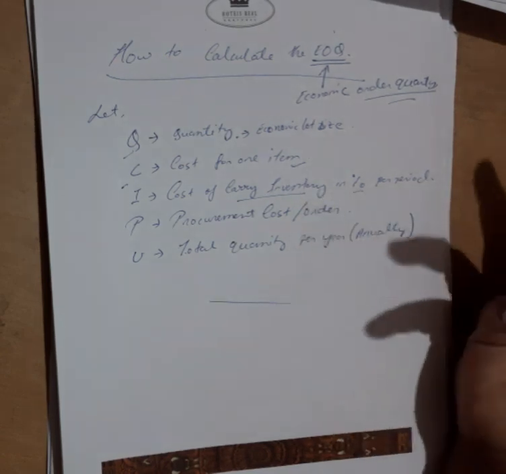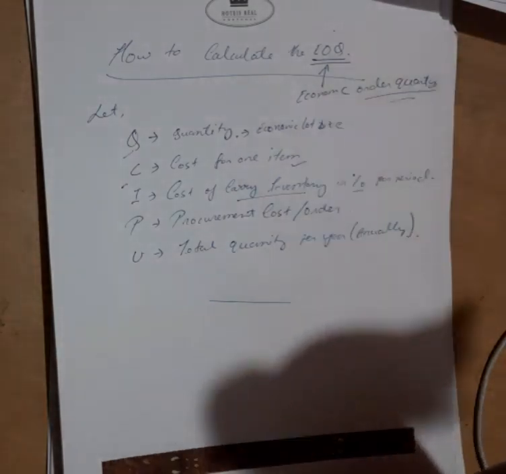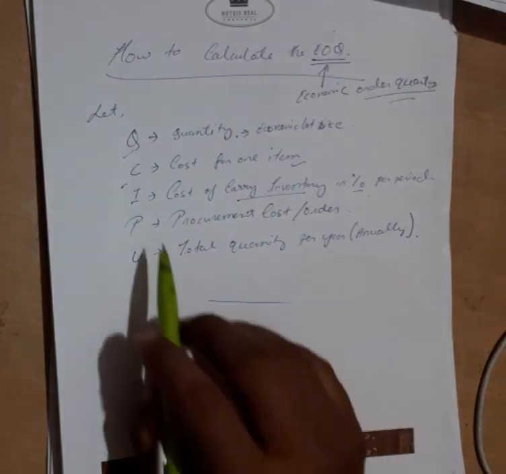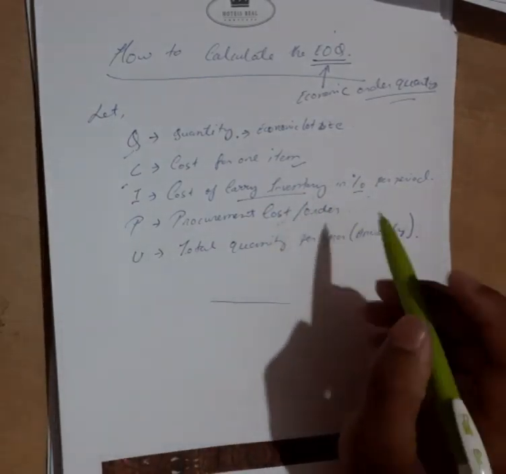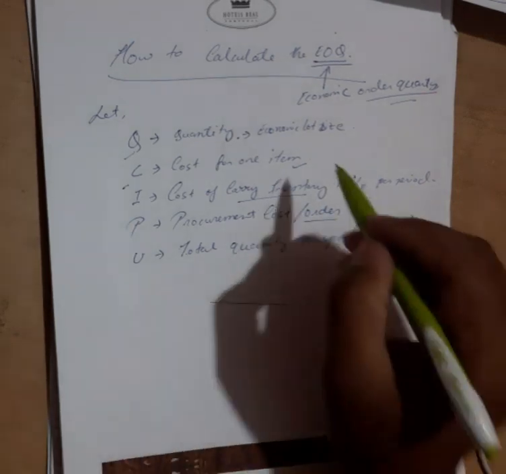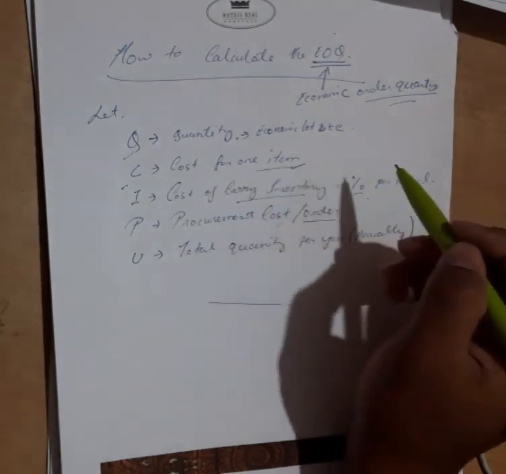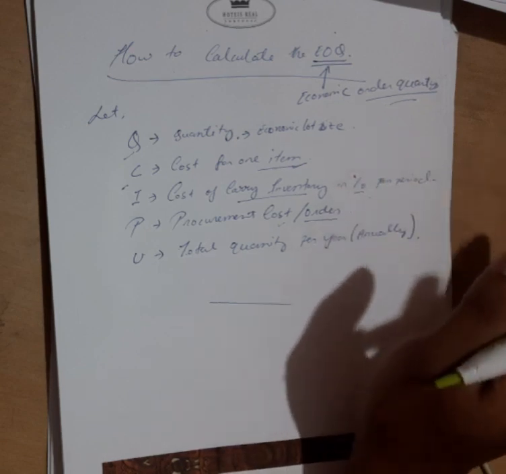Suppose you are bringing n numbers of inventory, you have to keep it in a godown, you have to pay the cost of keeping that inventory in the godown, what will be the percentage, etc. So this will be included in I. Then P, procurement cost. It is the cost per order. Keep it in mind, procurement cost will always be per order, and cost C will always be on one item, the cost of inventory per item.